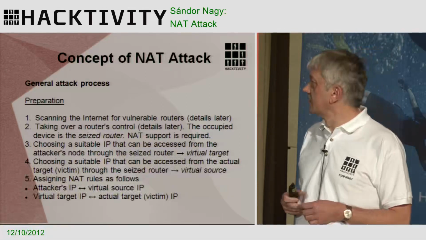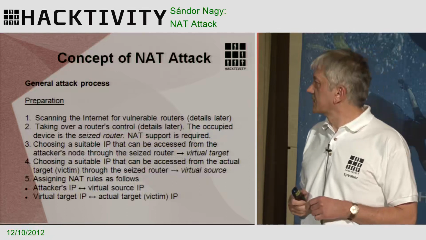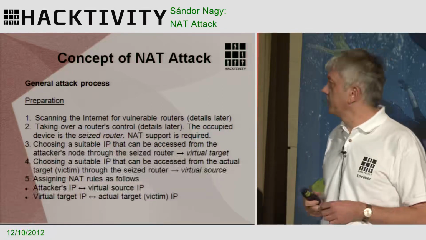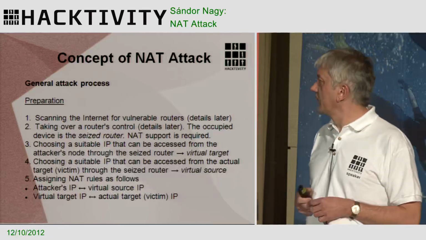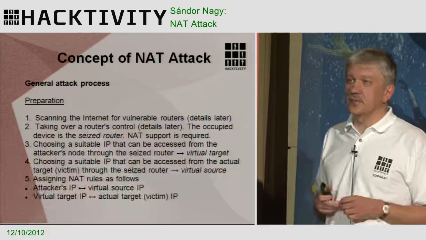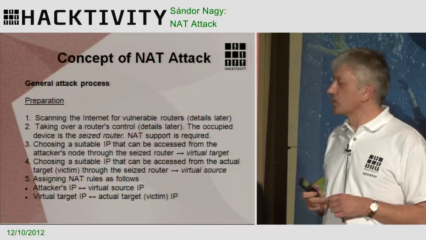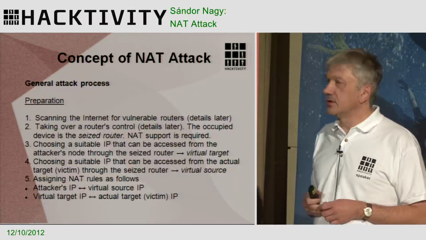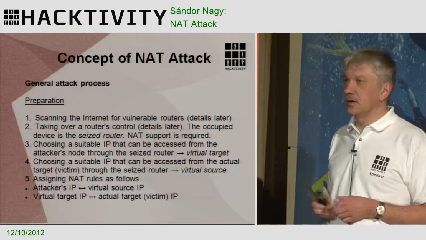It's quite simple: the attacker's IP needs to be translated into the virtual source IP, and the actual target, the victim, needs to be translated to the virtual target IP. These network address translation rules should be defined on the router, and if that is done, all the preparation is finished, and the attack can be launched.